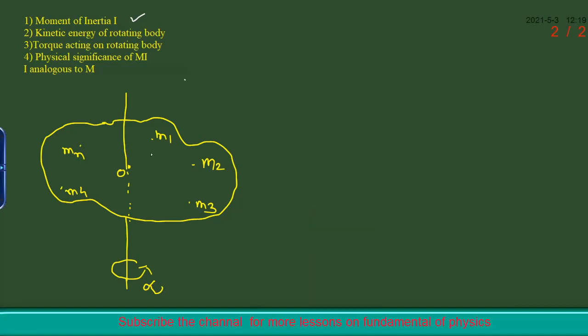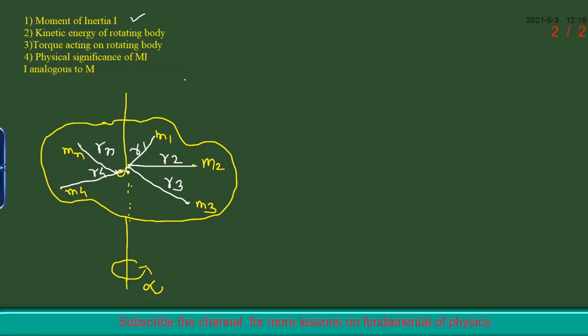Now again let us consider r1 is a distance of m1 from axis of rotation, r2 is a distance of m2 from axis of rotation, r3 is a distance of m3 from axis of rotation, and so on. Last, rn is distance of mn from axis of rotation.